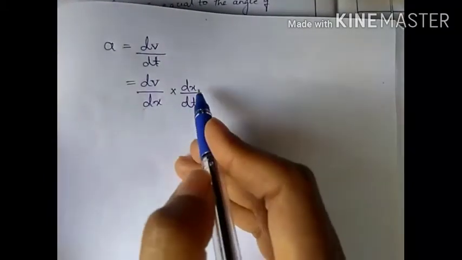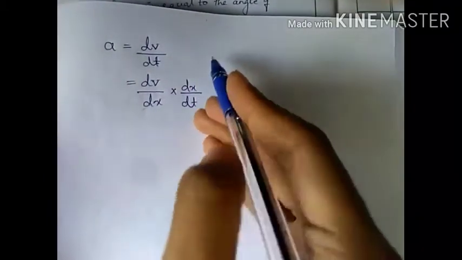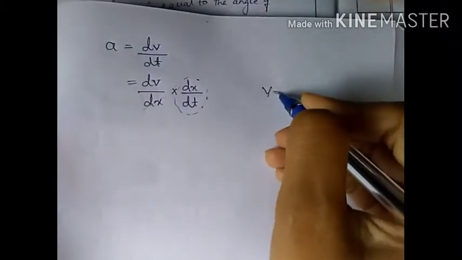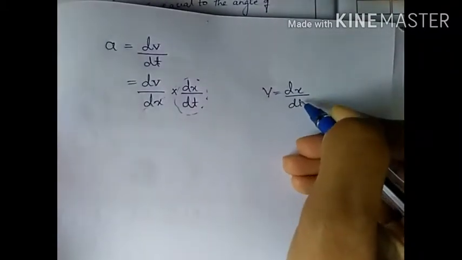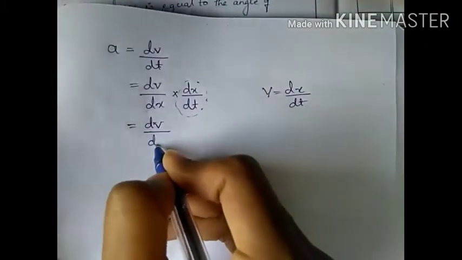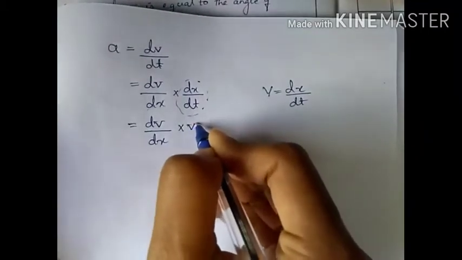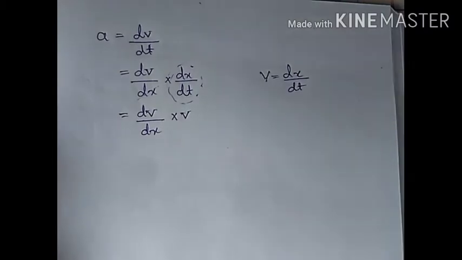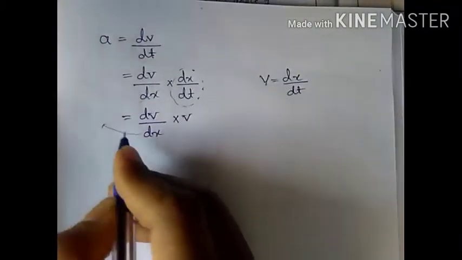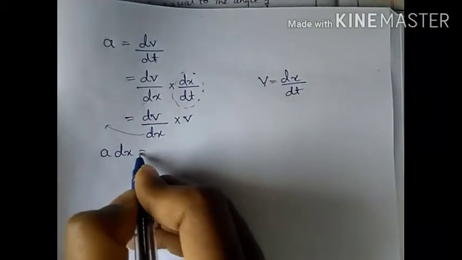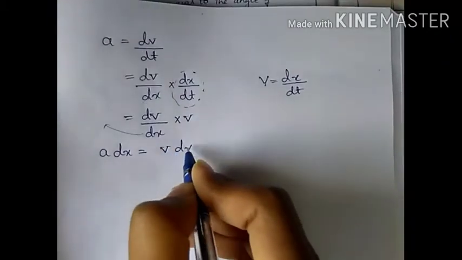Now from the definition of velocity, you know dx by dt gives velocity. Substitute that here: dv by dx is multiplied with the velocity of the body. Now if you send dx to this side, the equation will be a dx is equal to v dv.